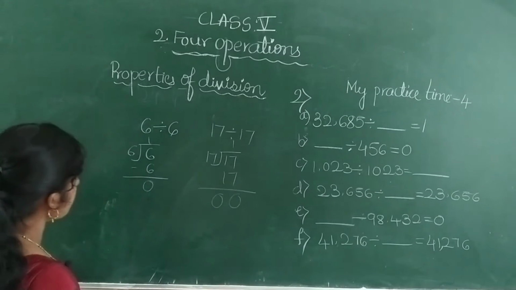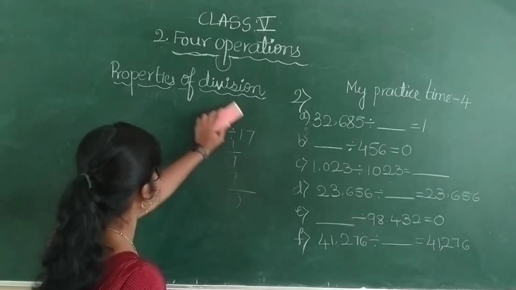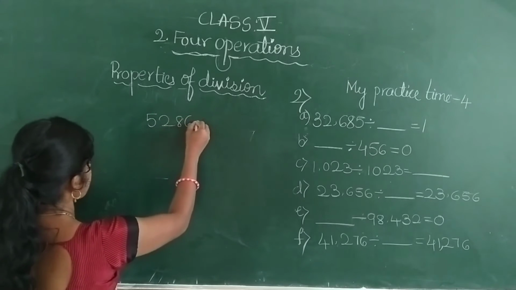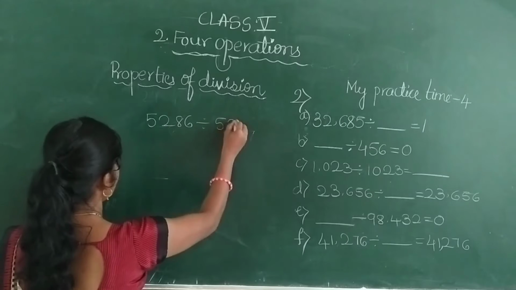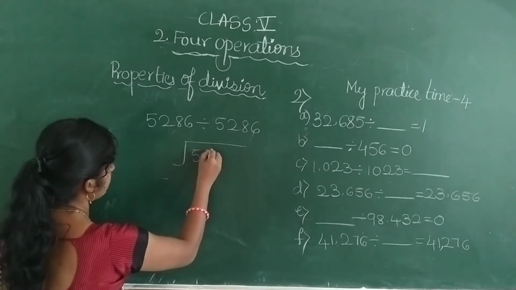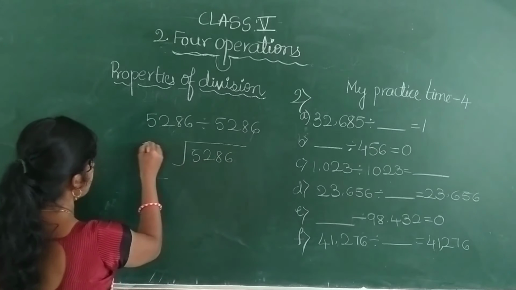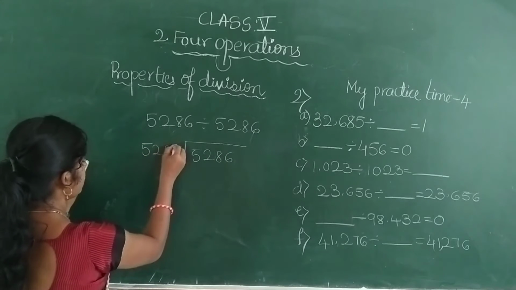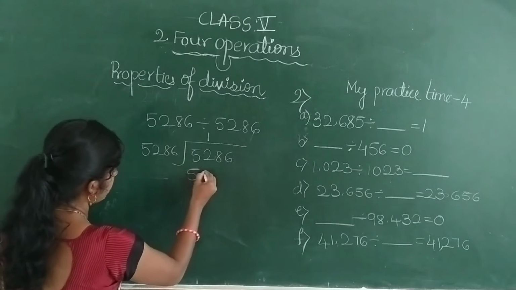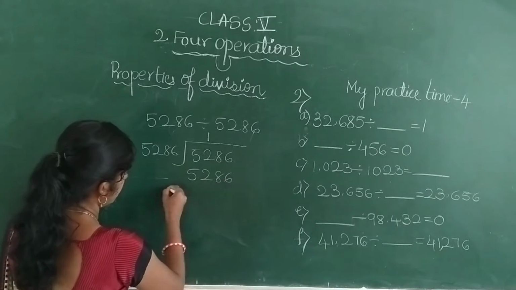Not only this, I will take one more example. You take 5286 and divide with the same number. 5286 ones are 5286.